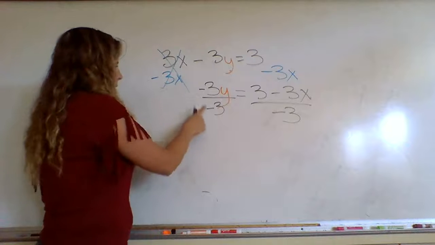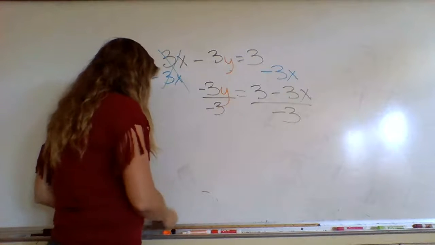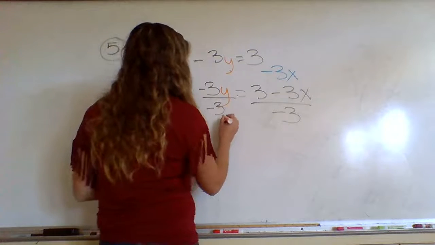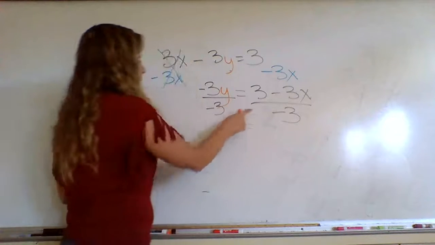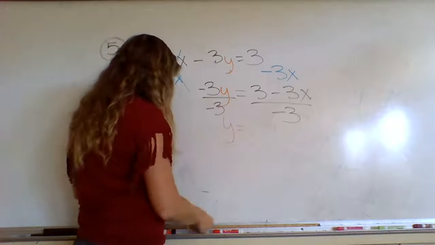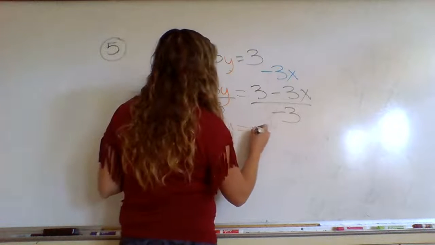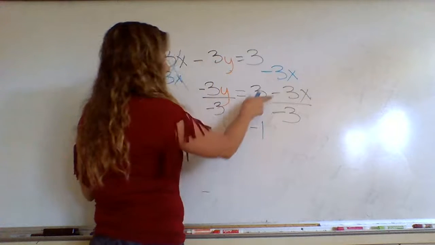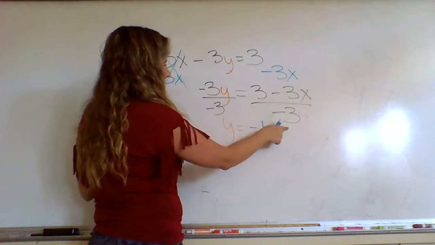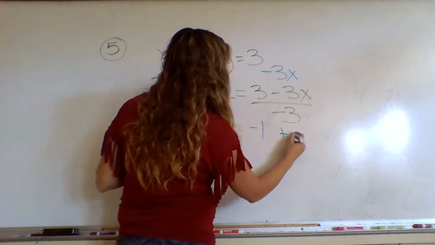So on this side, you're just left with y. Over here, we have 3 divided by negative 3, which is negative 1. And negative 3x divided by negative 3 is going to give you a positive x.